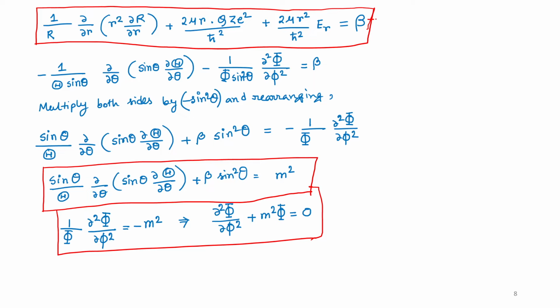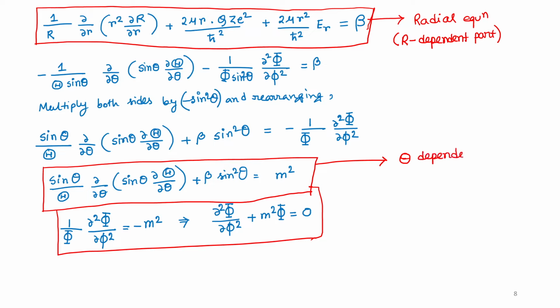This is a radial equation, the r dependent part. This is your theta dependent part, and this is your phi dependent part.